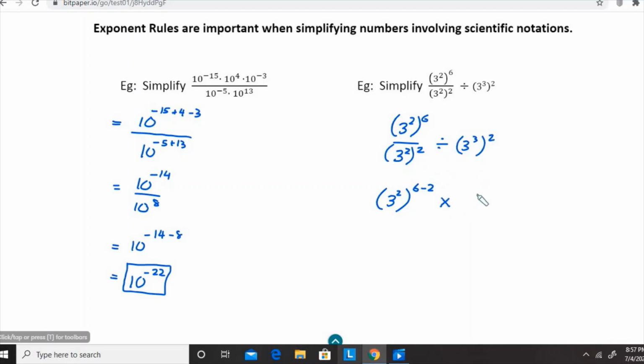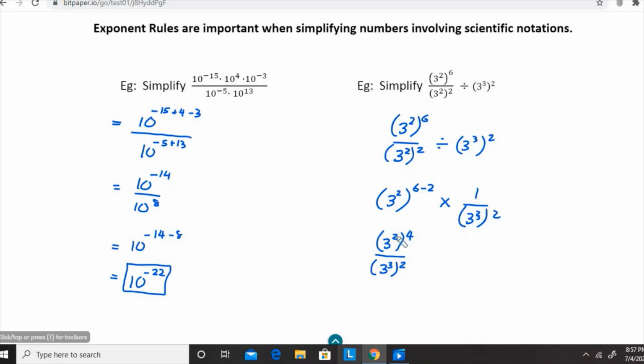I can multiply and then take the reciprocal of this, like this. Okay, and then here 6 minus 2 is 4. So I have 3 raised to the power 2 multiplied by 4. And here in the denominator, multiplied by 1 over this number means basically this, 3 cubed raised to the power 2.